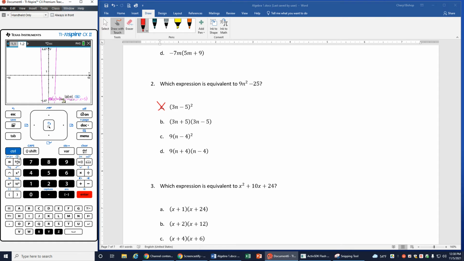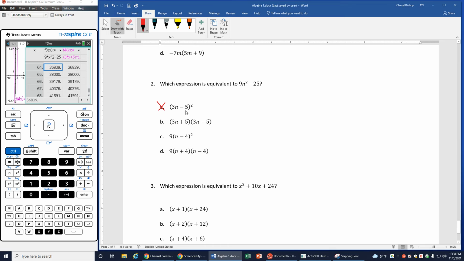It's exactly on top of that black graph. If you're not sure, you can always hit Control T and check your graphs and see that they really do match every single place along the X and Y axis. All right, so B is my correct answer for this one.